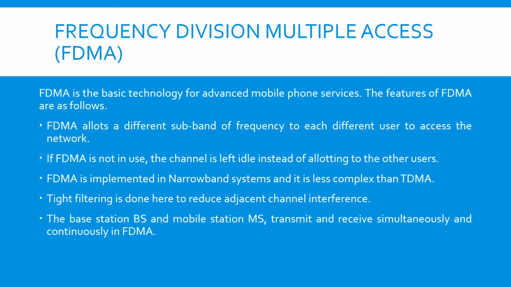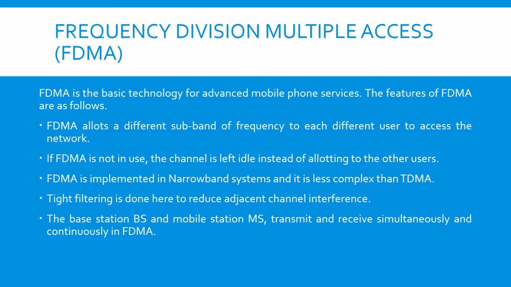If FDMA is not in use, the channel is left idle instead of being allotted to other users. Now, if the user is not using the frequency, that frequency is not allotted to anybody else. Rather, it is reserved for that particular user only.